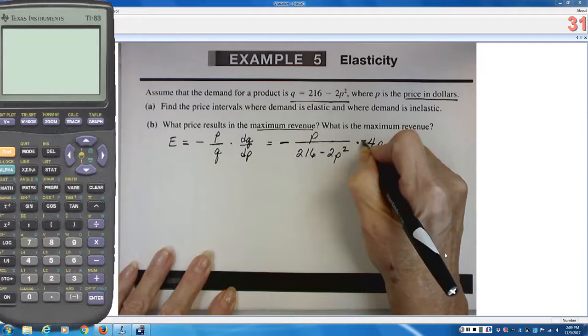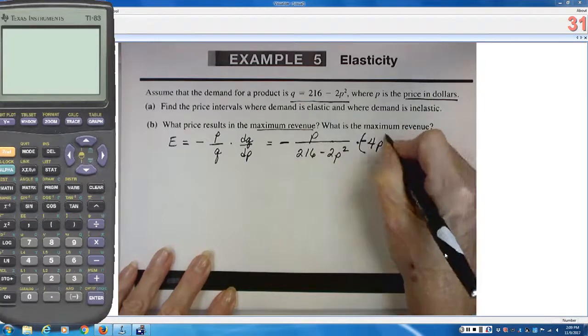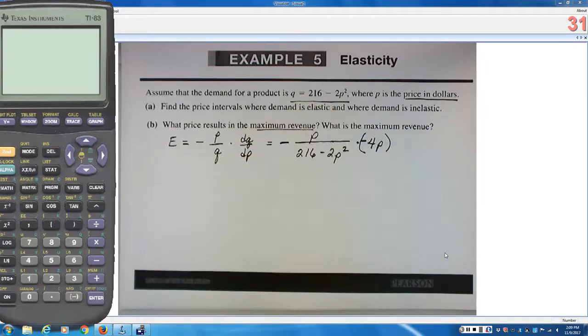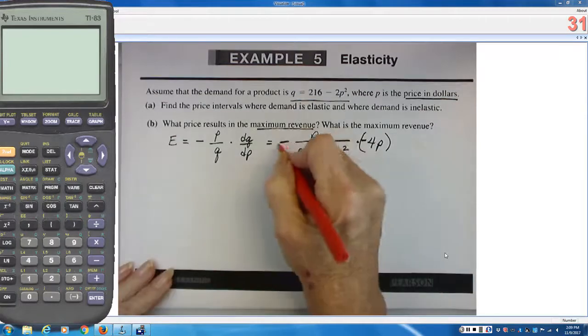And this is also negative, remember, because 2 times negative 2. So in the end, we have negative times negative is positive.